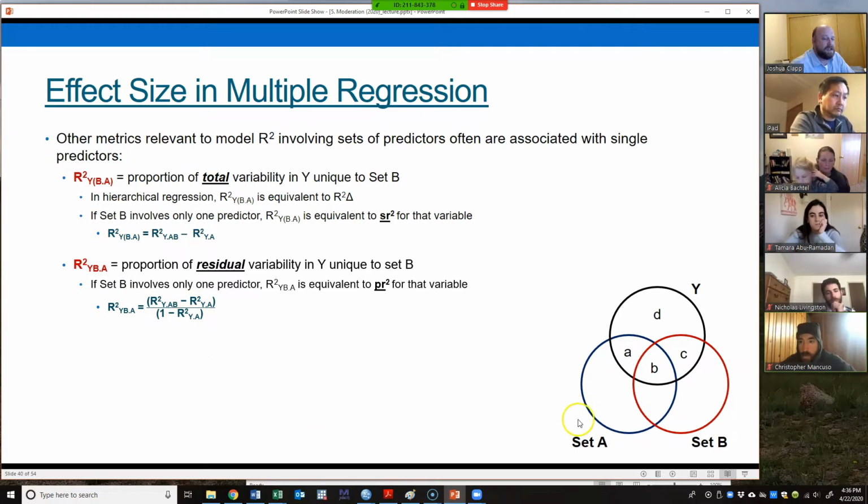Because if Y given A is my reduced model, and I take R squared for AB for the full set and pull out what's attributable to A, I'm just left with C in the numerator. Then 1 minus R squared Y given A leaves me D and C.